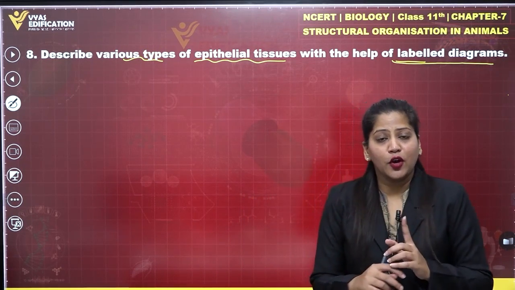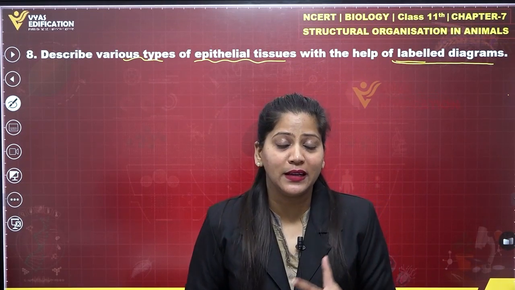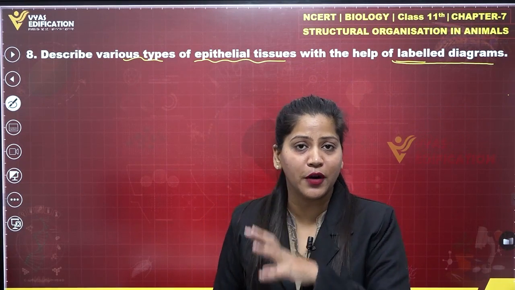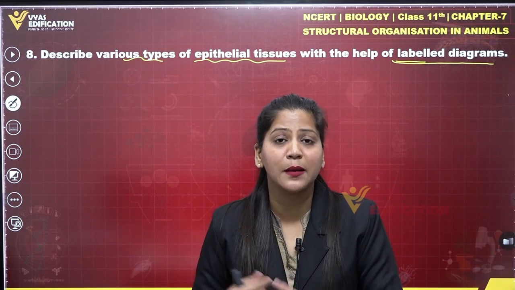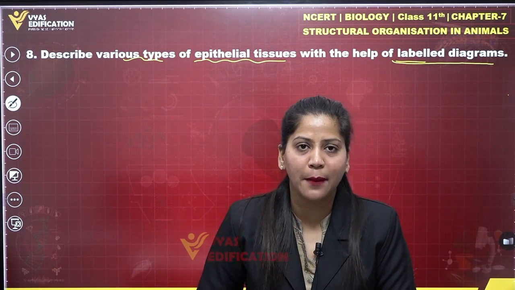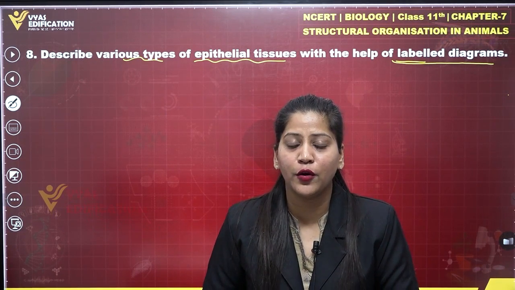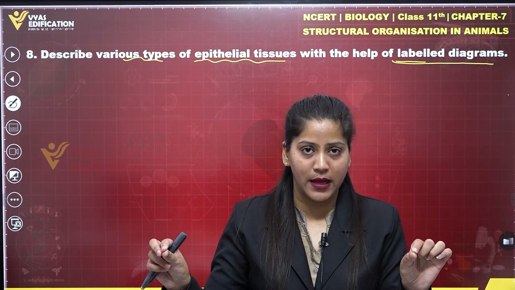Now, as we have to describe all the various types of epithelial tissues, if we talk about the first one, the simple epithelial tissue or simple epithelium, as we know it is made up of only a single layer of cells.